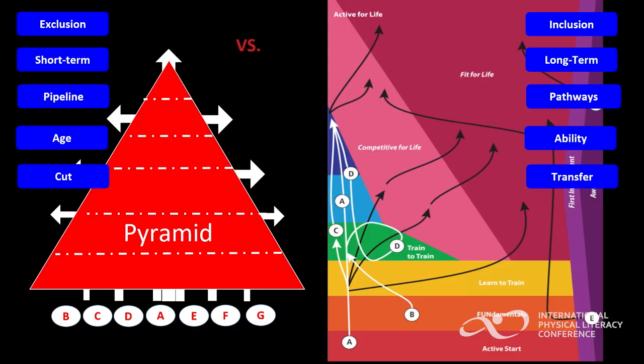Again, when we go to the triangle, the pyramid, it's based on cutting, where in the rectangle, it's based on transfer. If you're not good enough for a particular team, because we're honoring everyone's journey, then it's incumbent on the coach, on the system, on the club to move that participant into another situation, not to discard them, not to cut them and say, go find another sport.